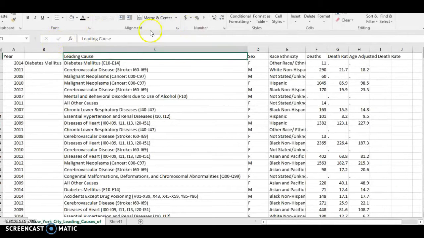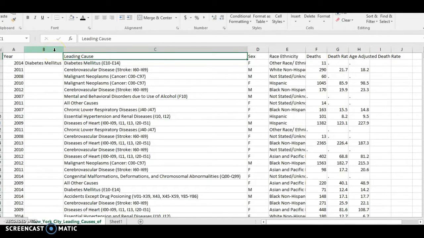So this is the data file I downloaded. The data file contains six factors: year, the leading cause of death, gender, race, the number of deaths, the death rate, and the age-adjusted death rate.